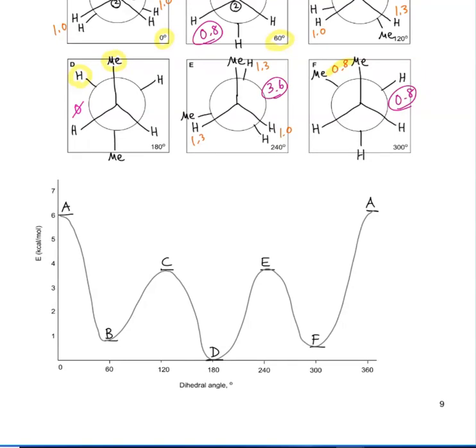Now let's go ahead and calculate the barrier to rotation around the C2-C3 bond in butane.